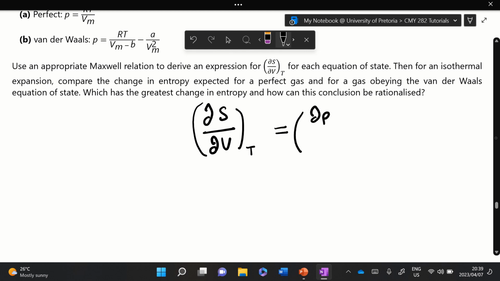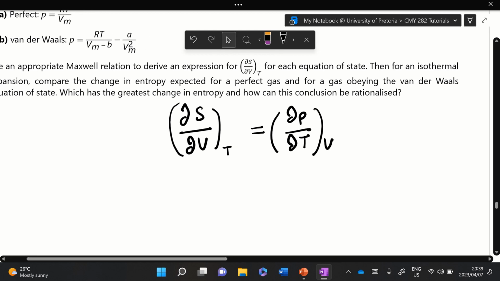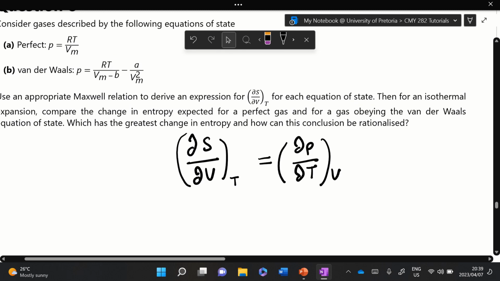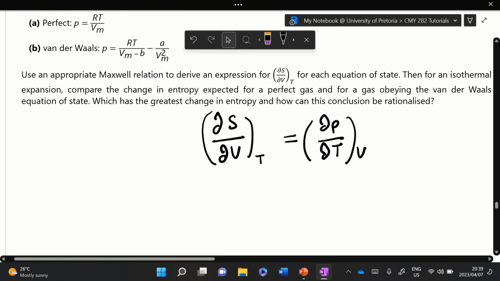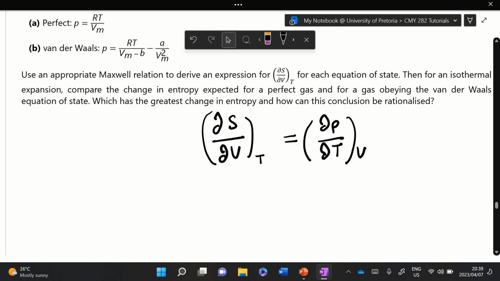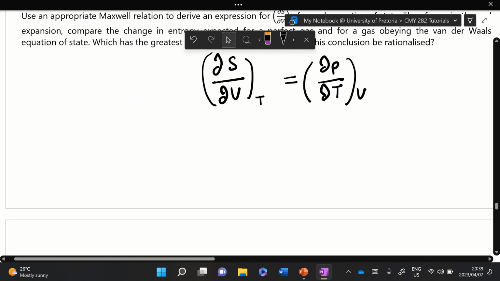So it is pressure to temperature at constant volume. We're given the equations of state in terms of pressure, so we can take the derivative of pressure with respect to temperature and equate it to the entropy change.